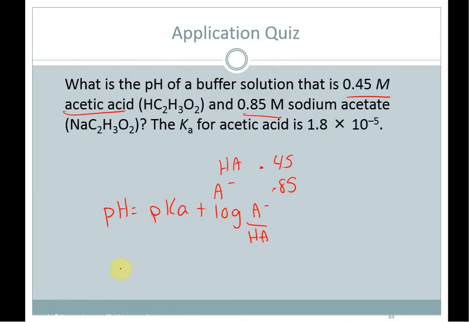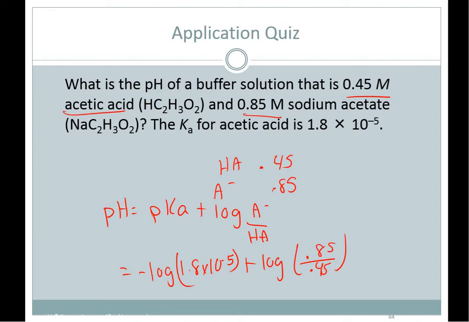Now, p just means negative log. So negative log of that 1.8 times 10 to the minus 5 plus the log of 0.85 over 0.45. And we can really just plug it in just like that.